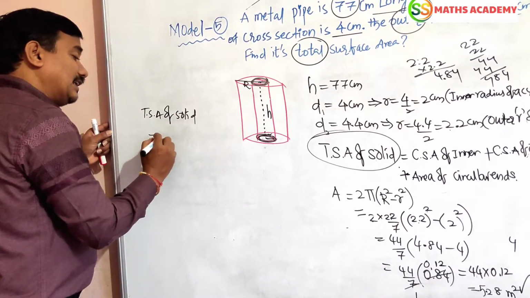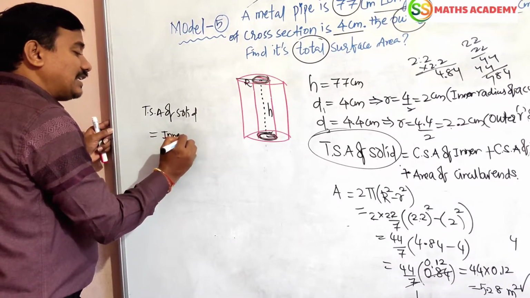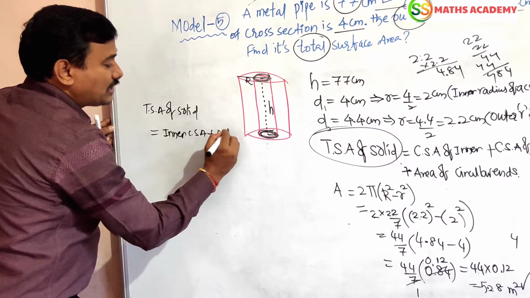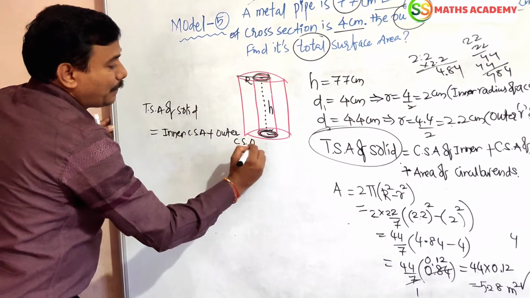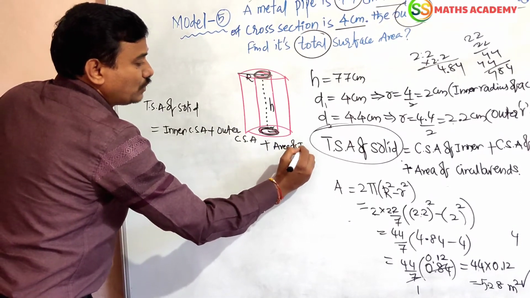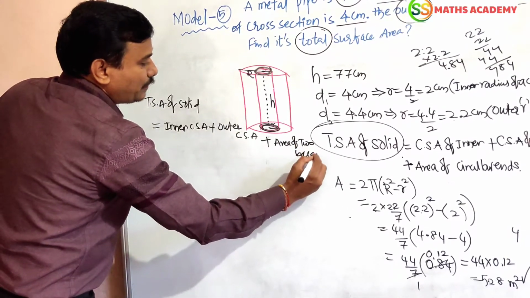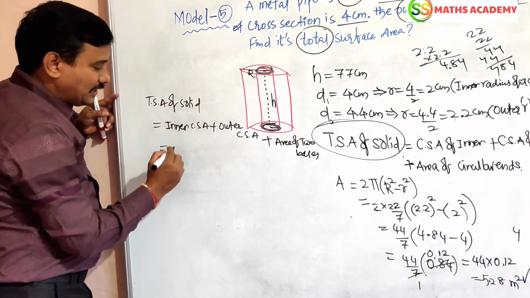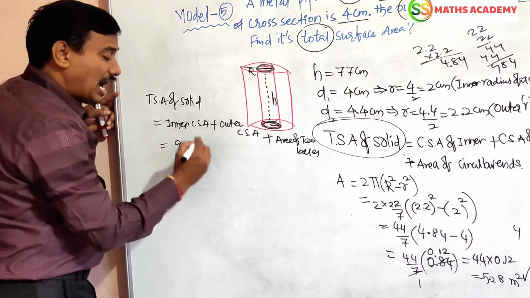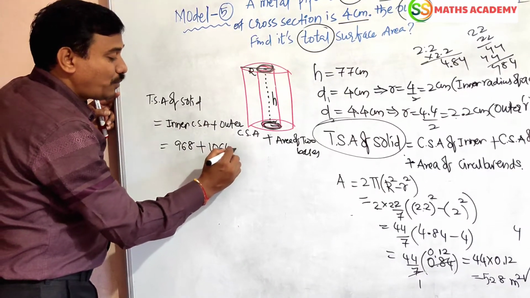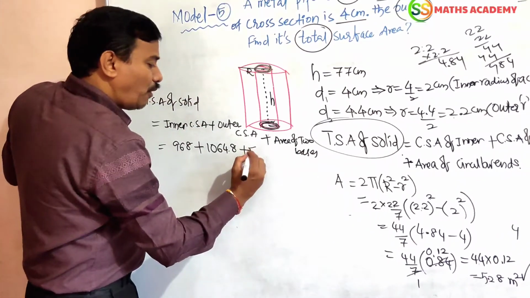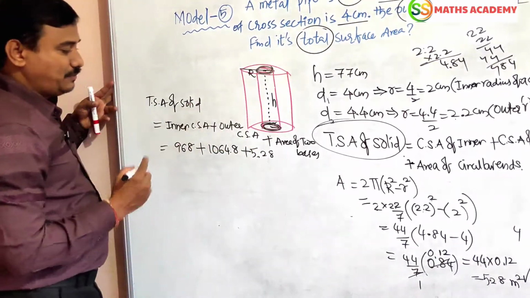Simple. Inner curved surface area plus outer curved surface area plus area of the two bases, two circular bases. Yes, friends, inner surface 968 meter square, outer 1064.8 meter square, plus area of the two bases 5.28 meter square.